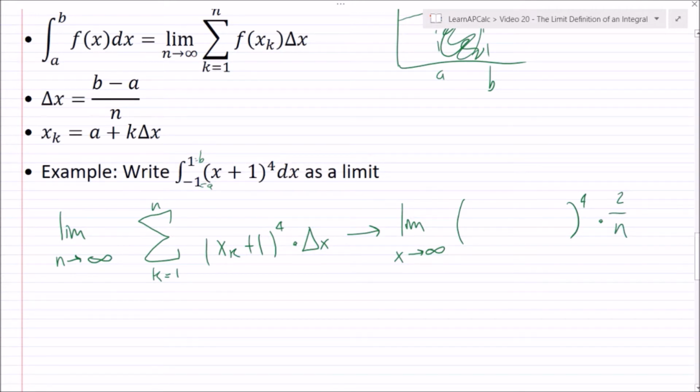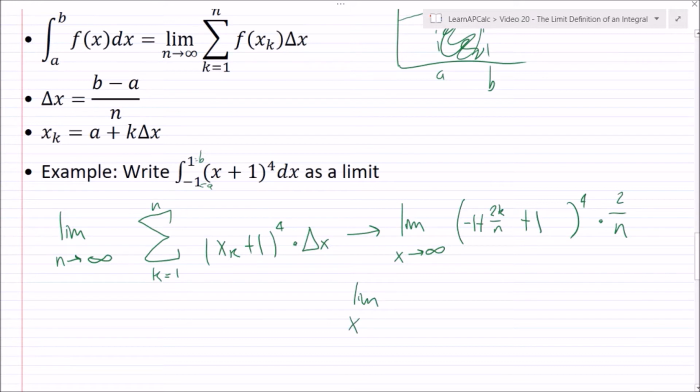And now I want to write x sub k in this format. So a is negative 1, plus k times delta x, which as we just found is 2 over n, plus 1.